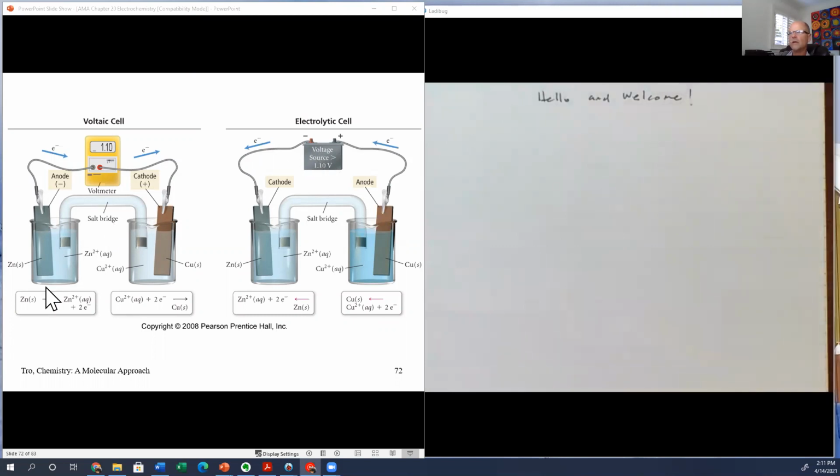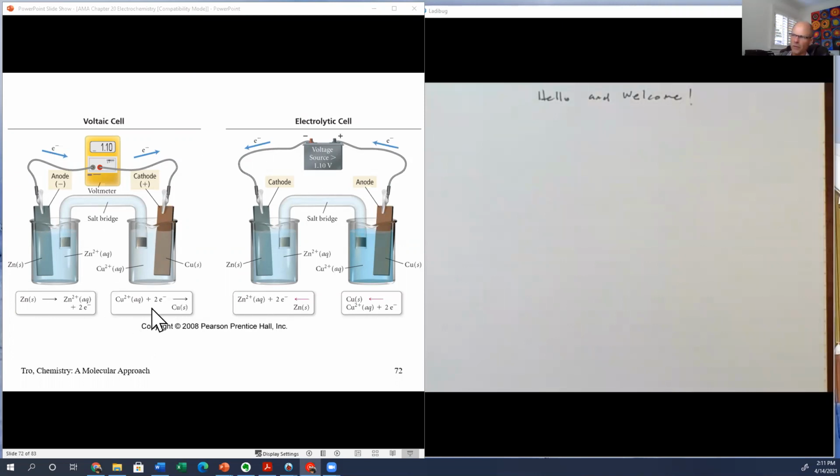So what does that do? That makes these reactions run in reverse, okay? So here, instead of zinc being oxidized, zinc is reduced, and instead of copper 2+ being reduced, copper is oxidized over here, right?